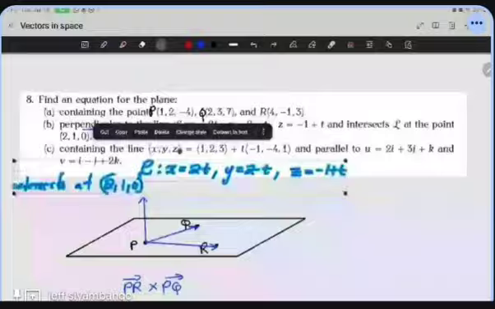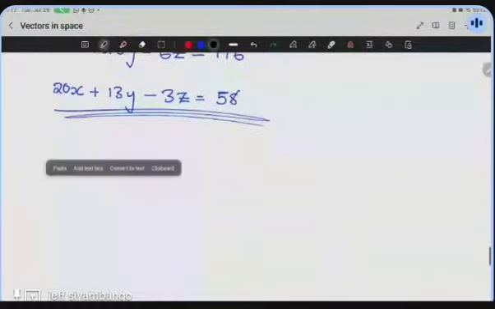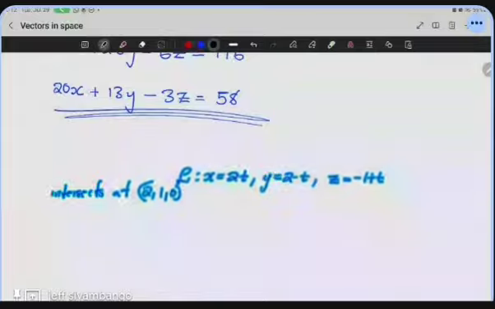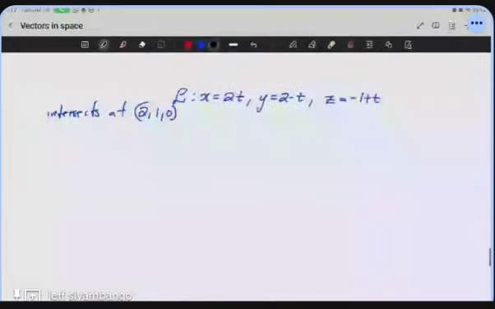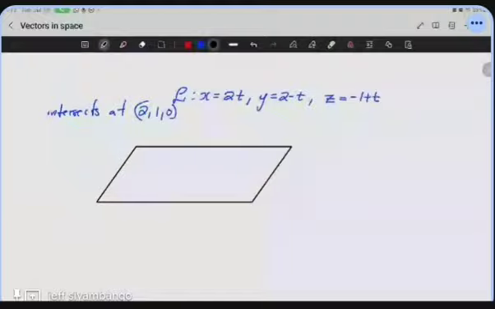Since our plane is perpendicular to the given line, that given line must tell us something. But the question is, what can it tell us? So if this was our plane, it is perpendicular to another line. It means that line comes like that.